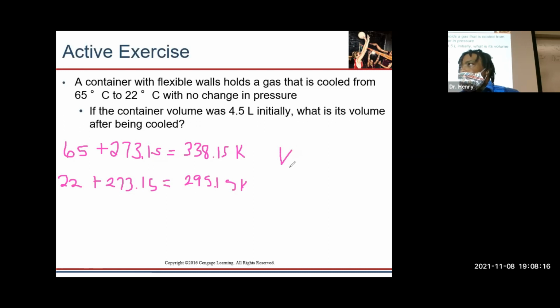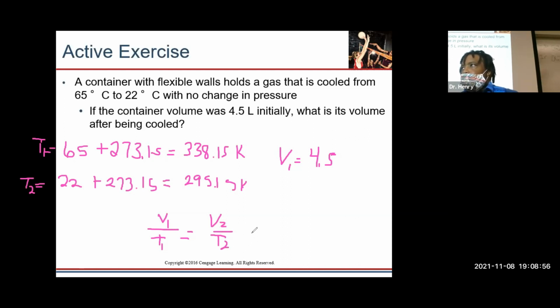So we have V1, our initial, which is 4.5. T1, the initial temperature, is going to equal 338.15 Kelvin. And then T2 is going to equal this. So then we get V1 over T1 equals V2 over T2.